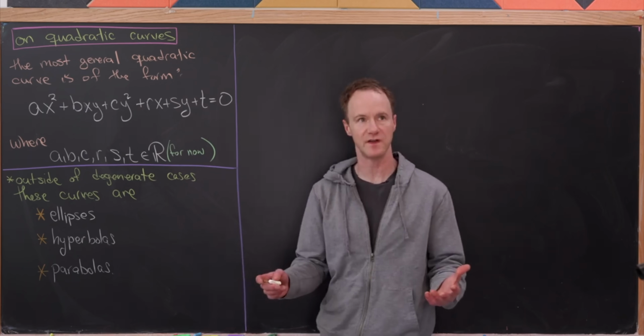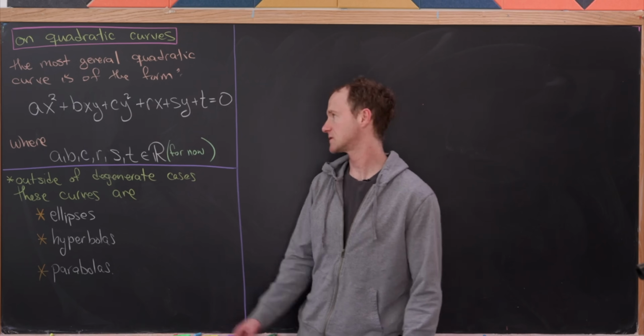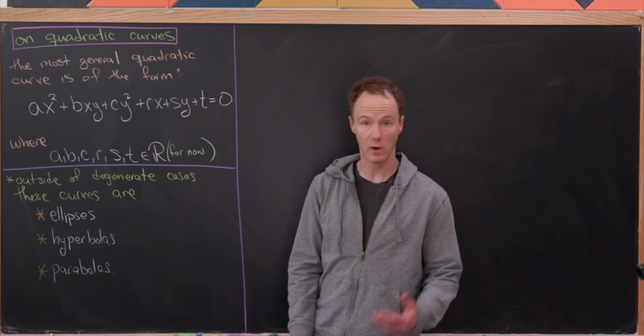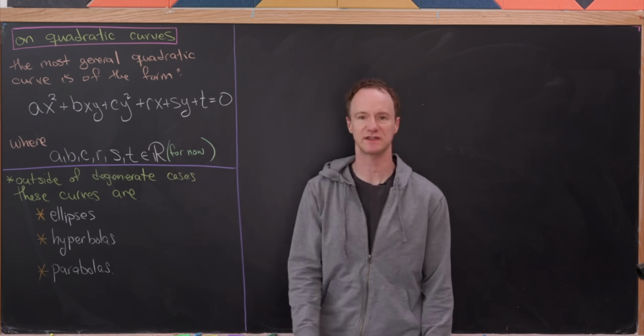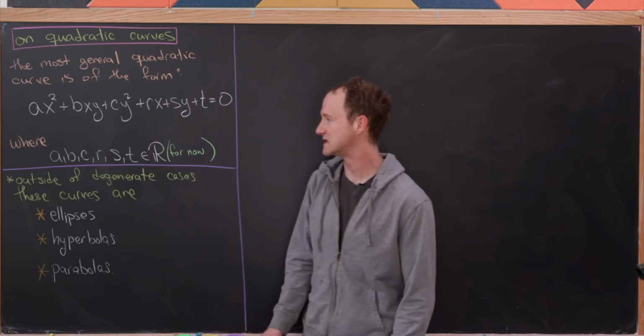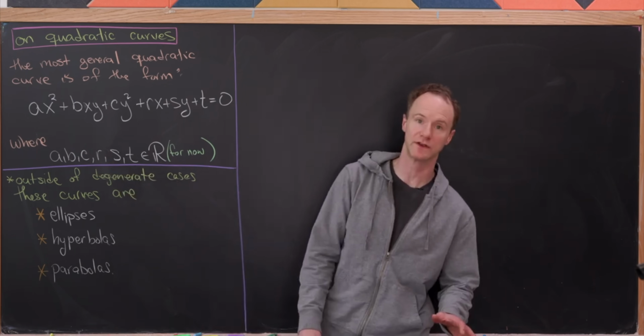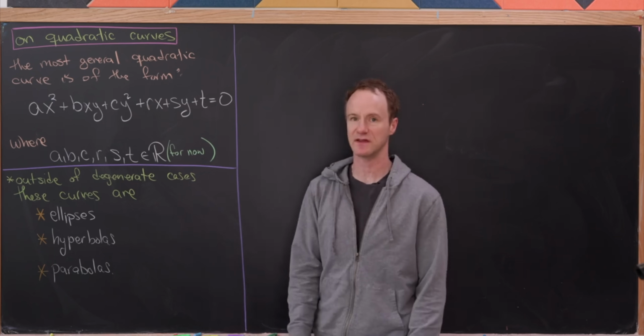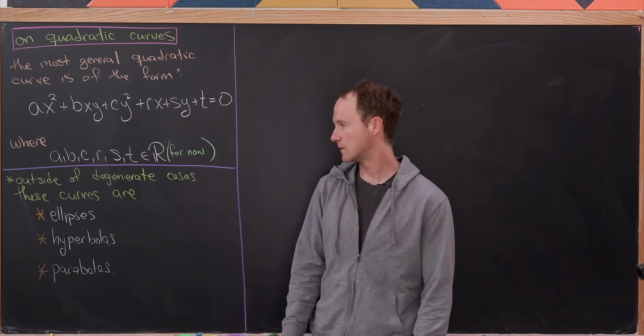Those would be all of the degree 2 parts. And then plus rx plus sy. Those are all the degree 1 parts. And then plus t equals 0. That's obviously a constant. And I just point out here that a, b, c, r, s, t are all real numbers. But they're really just real numbers for now. We're going to expand this near the end of the video.